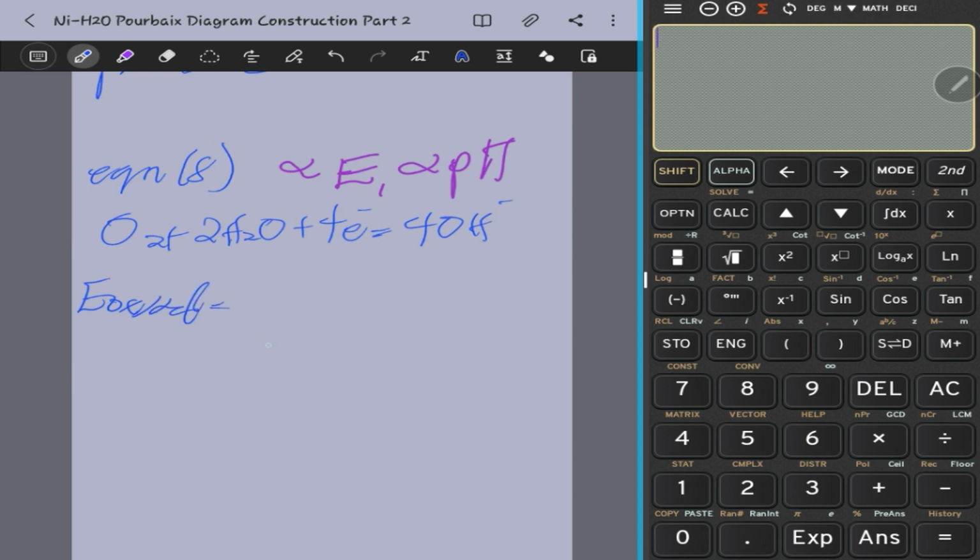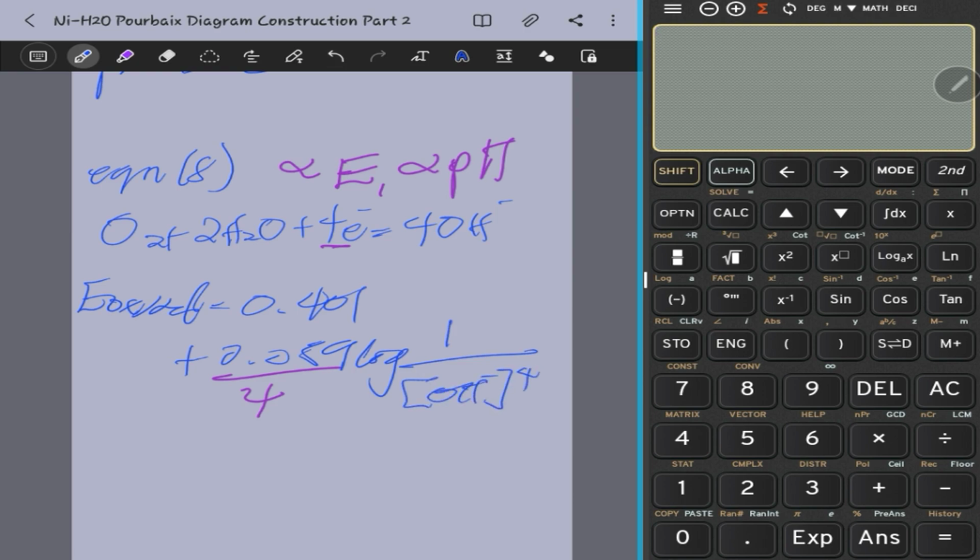And the standard for this one, reading from the table, is 0.401, right? And then we have plus 0.059, slowly I read, the number of electrons is 4, log. The reactants are all 1, and the product has concentration of OH minus to the power 4.